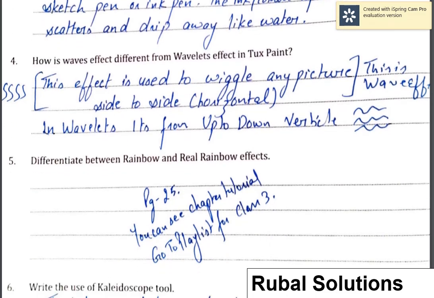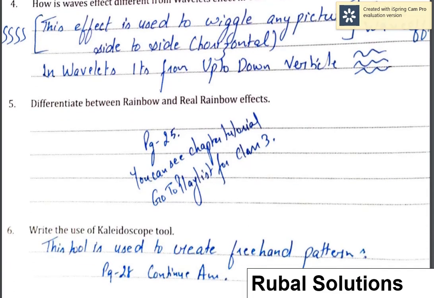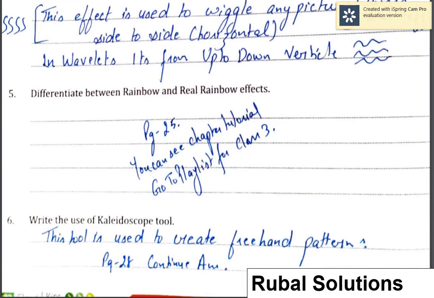The full answer you will get on page number 25. Please go to the playlist for this video, and I will put this in the I button, the comment box and the description box. See the answer on page number 25. Now for question number 6, you can also go to page number 28 for more details.